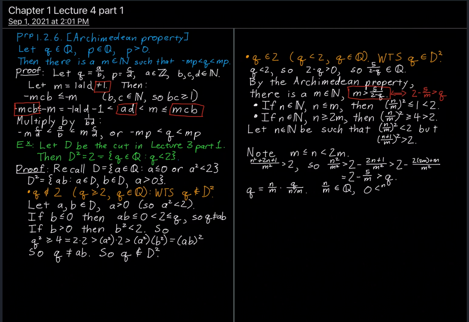It is positive, and n over m squared is less than 2. So n over m is in our cut D. N over m is positive. So we're going to let n over m be our number a in the formula for D squared.